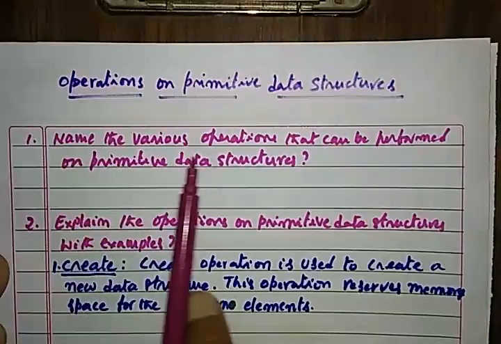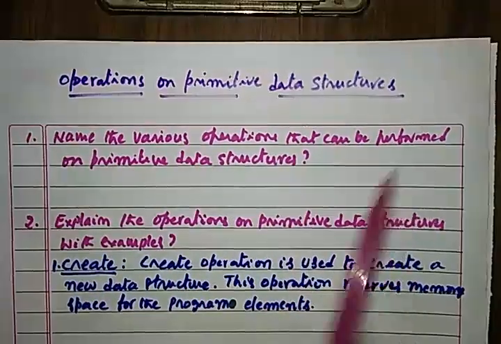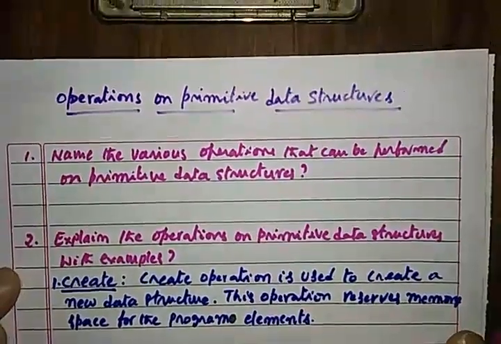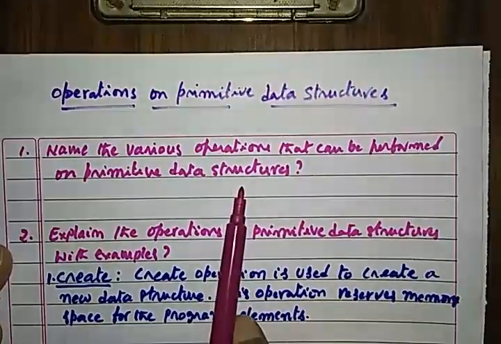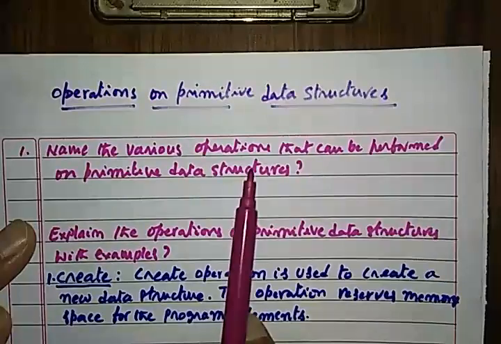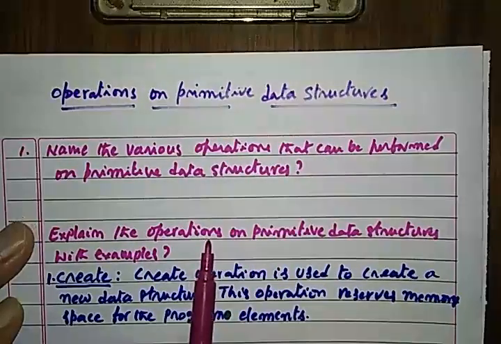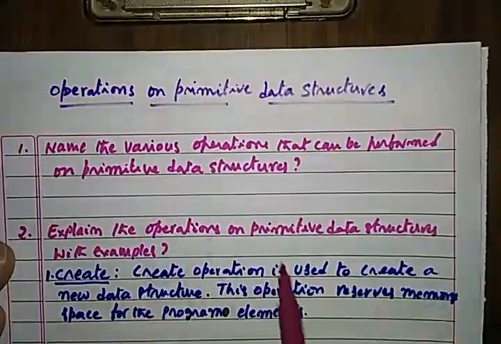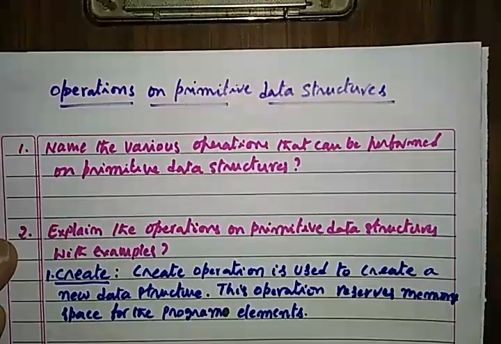Name the various operations that can be performed on primitive data structures. Which are the operations we can perform on primitive type data structures? Only the names you mention, because this can be only for 1 mark.